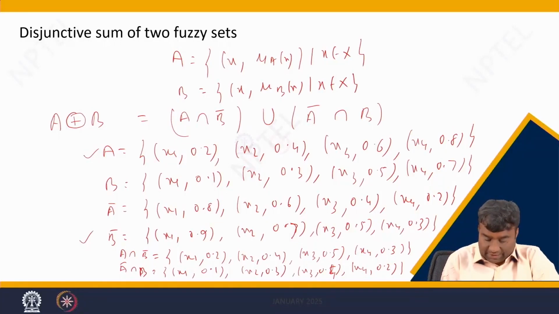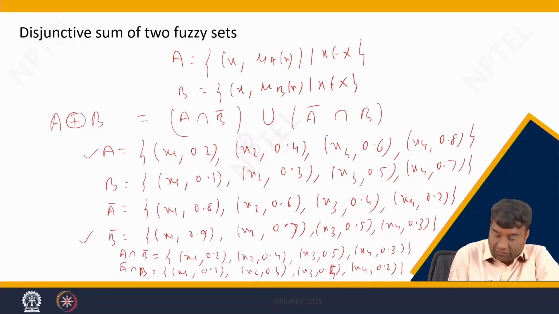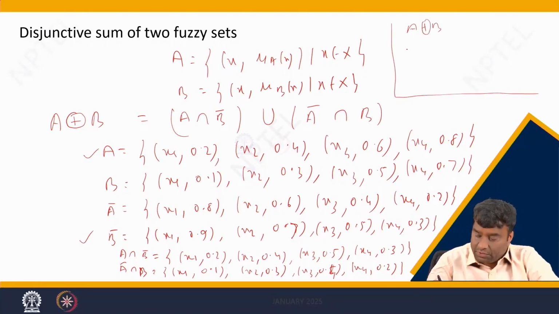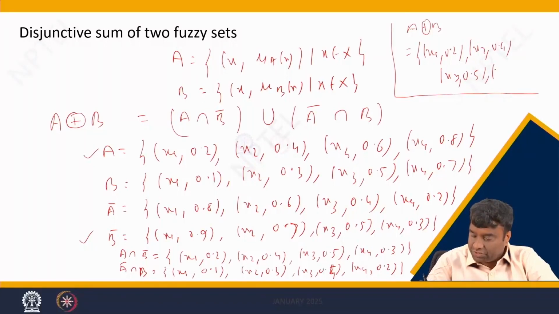If you take the union, that is the value. I am going to write that value here, the disjunctive sum. So the answer A plus B: you will get x1 0.2, x2 0.4 maximum value, x3 0.5 and x4 0.3.